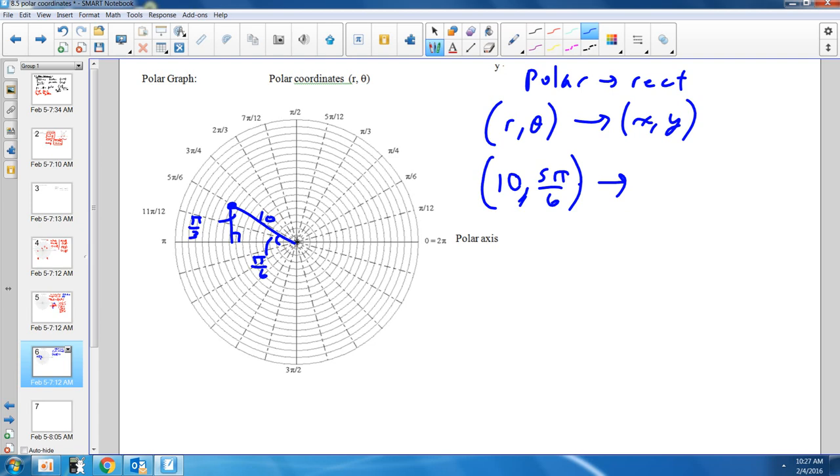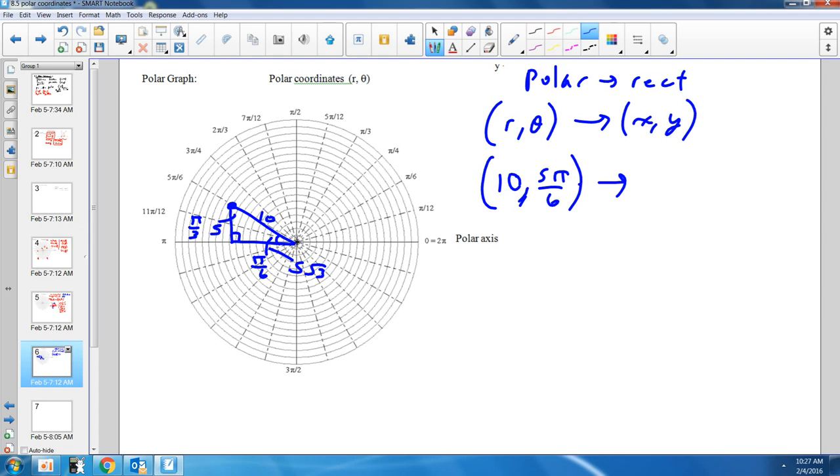So I know that here's my 30, 60, 90 triangle, meaning 10 is the hypotenuse. This is my small side opposite to pi over 6, which is going to be 10 divided by 2, which is 5. And then this is going to be 5 square roots of 3, working your way around the 30, 60, 90 triangle. That gives you your answer.